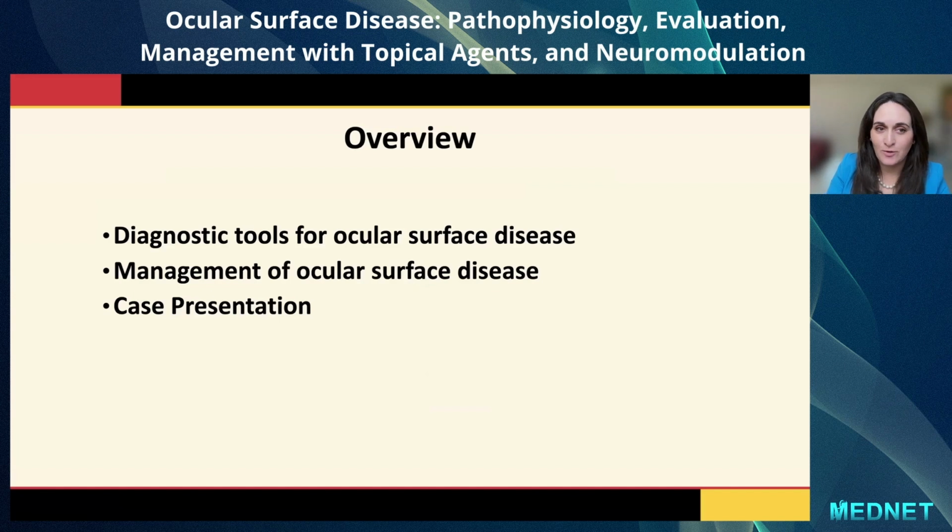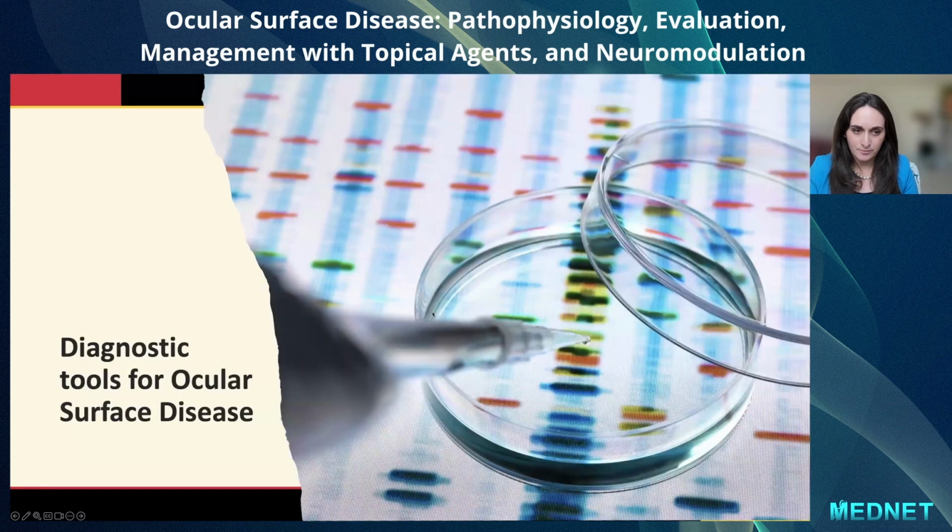So we're going to start with going through the diagnostic tools available for ocular surface disease diagnosis. We're going to talk about the management options for ocular surface disease, and time permitting, we're going to go through a case presentation which can highlight both the complexity of managing these patients and also some of the available tools for managing these patients.